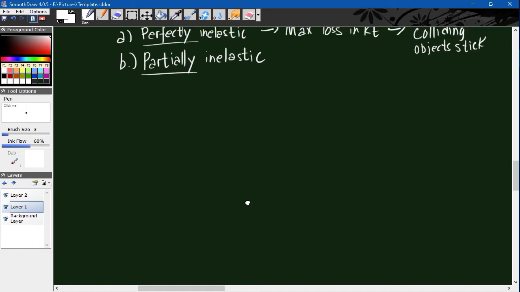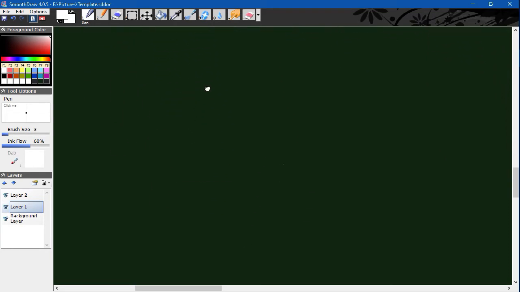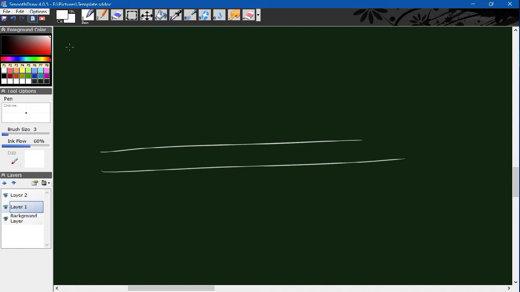Let's do some examples. Alright, let's do an example of collisions. Let's say that we're on a track, a railroad of some sort. I have no idea how to draw, but that's the best I could do. And then we have a blue train, a blue cabin of some sort.